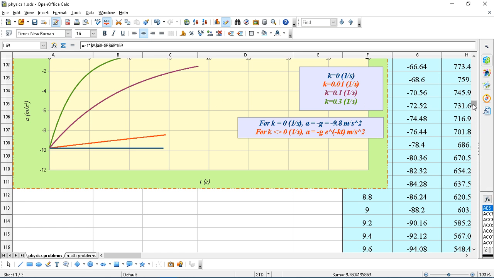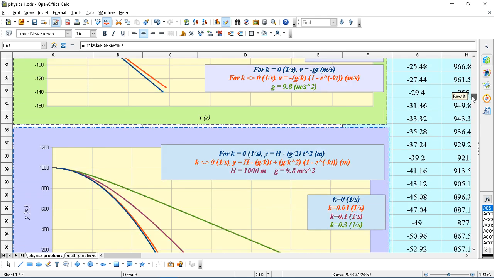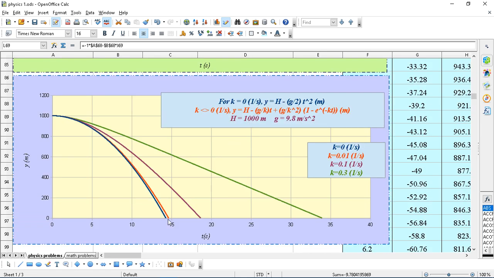When you look at the velocity, you can also notice from the graph that the line is not very far from the line for the free fall, and the curve for the position is not very far from the curve for the free fall.